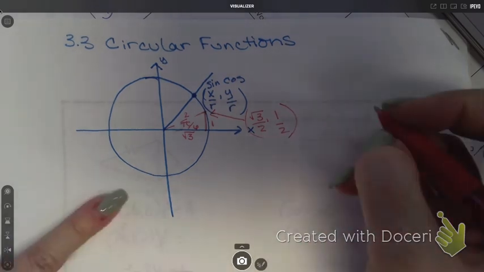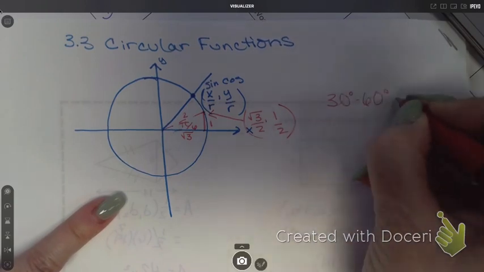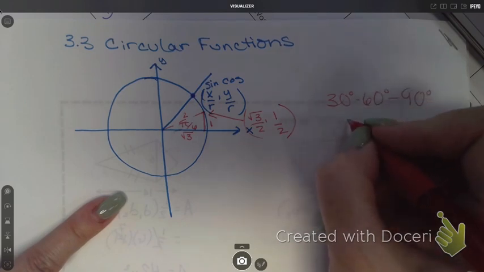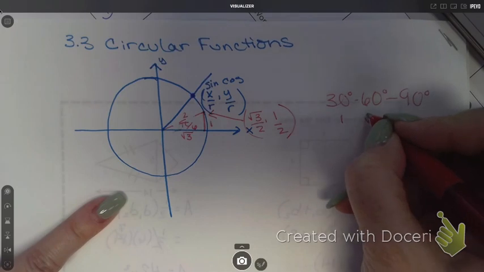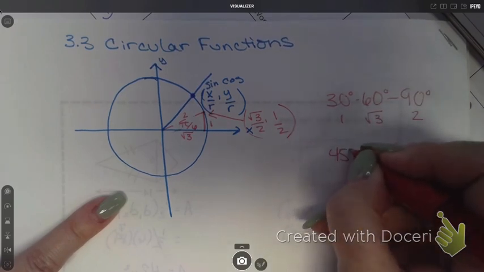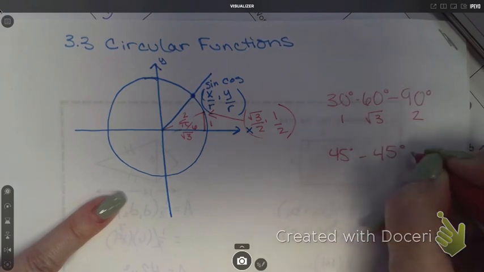So what you're going to be using is 30, 60, 90. And what's opposite 30? 1. Square root of 3. 2. And 45, 45, 90.